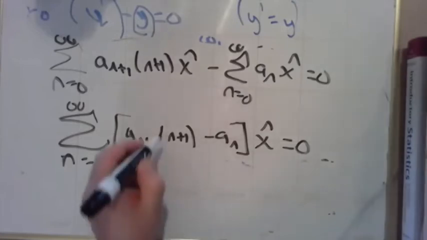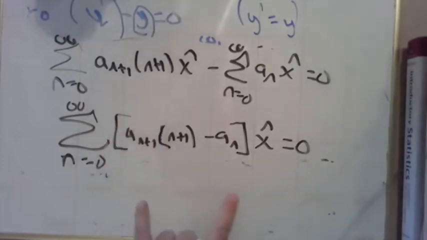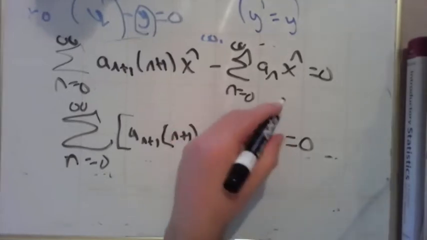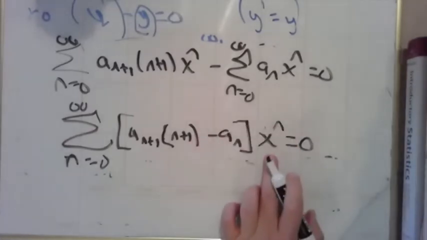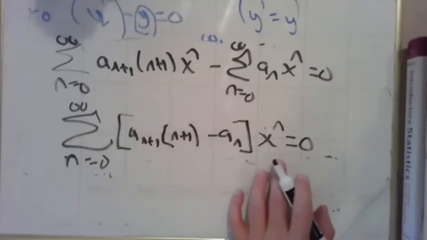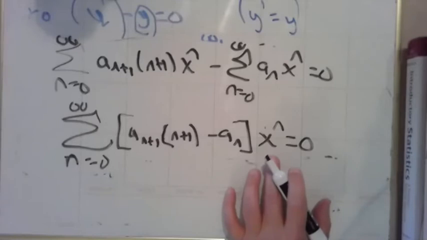Okay, so we have this power series. This is a single power series now that I claim equals 0 for every value of x. That's what this says. This says that this entire power series, you plug in x equals 100, you get 0. You plug in x equals 45, you get 0.